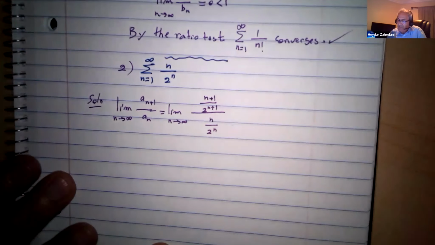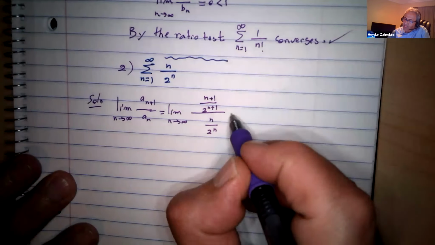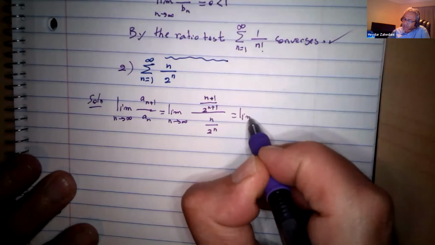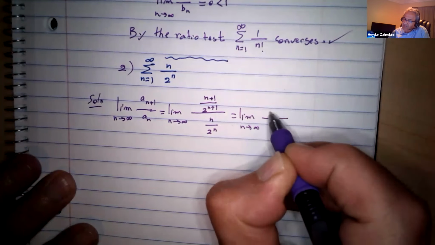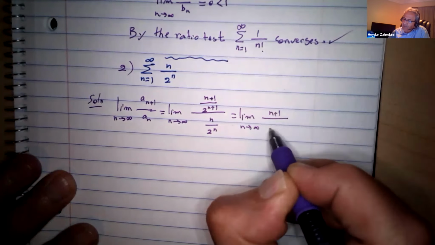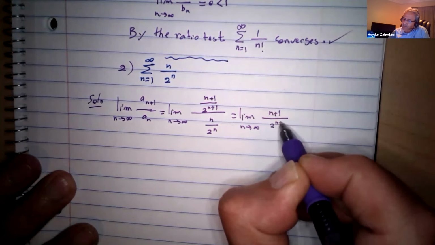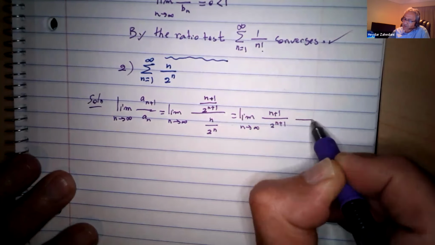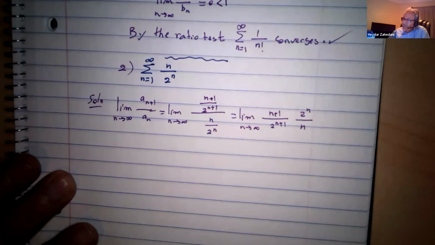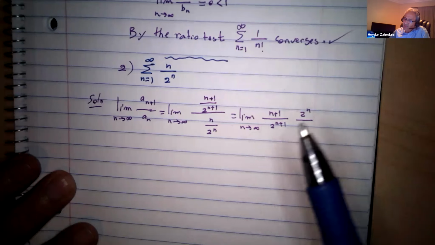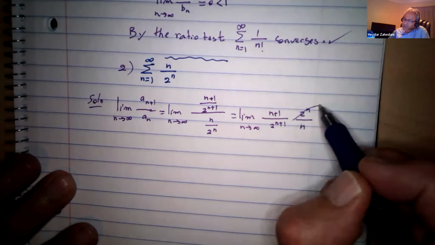You have to simplify it. So you write the first fraction, limit as n goes to infinity. The first one is n plus 1 over 2 to the n plus 1, and use the reciprocal, that gives you 2 to the n over n. Now 2 to the n and 2 to the n plus 1, the 2 to the n would cancel out.